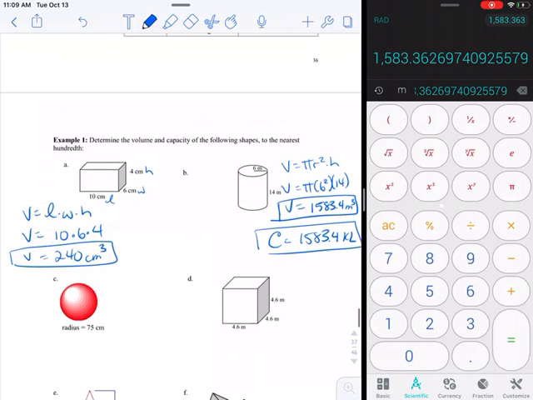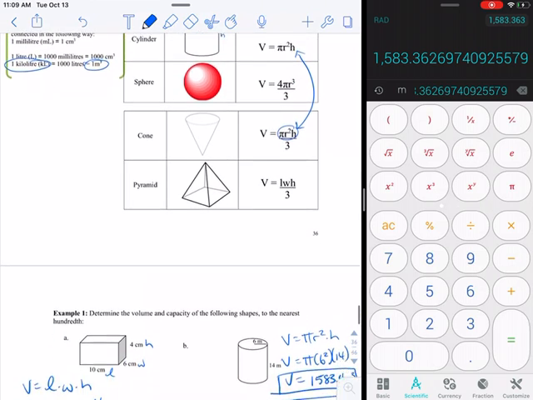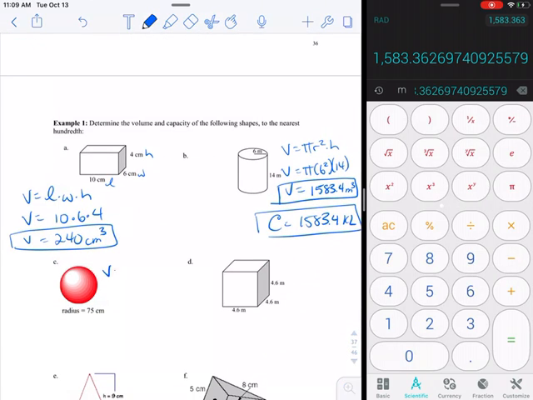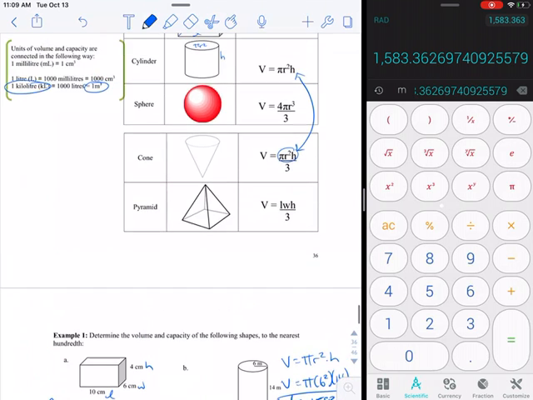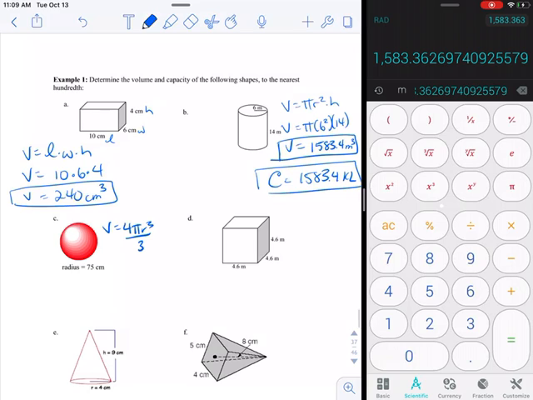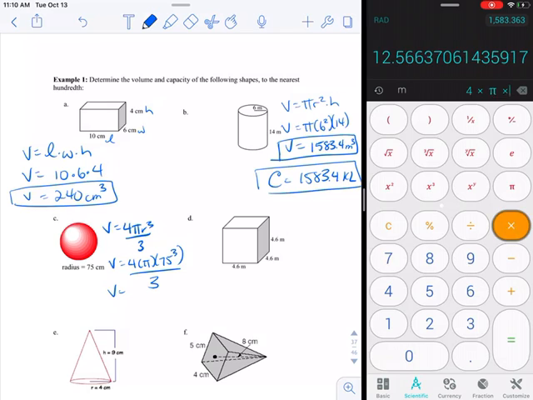All right. Here we have a sphere, so 4 pi r cubed divided by 3. The radius is 75, so the volume is 4 times pi times 75 cubed divided by 3. That is a big number.